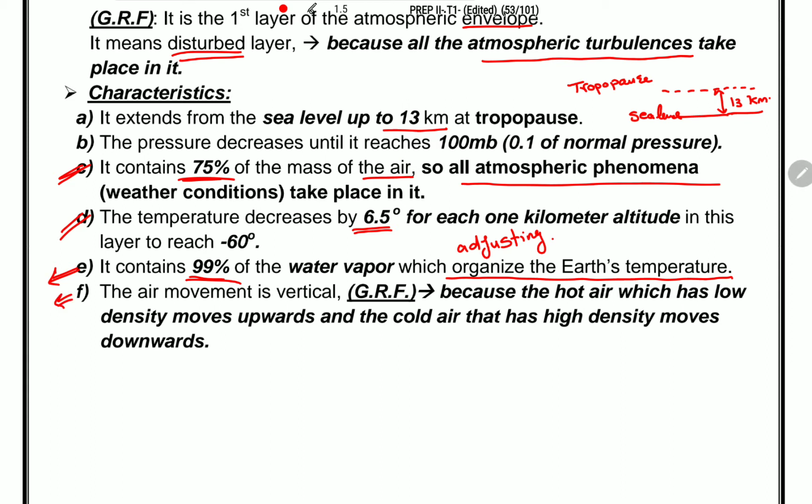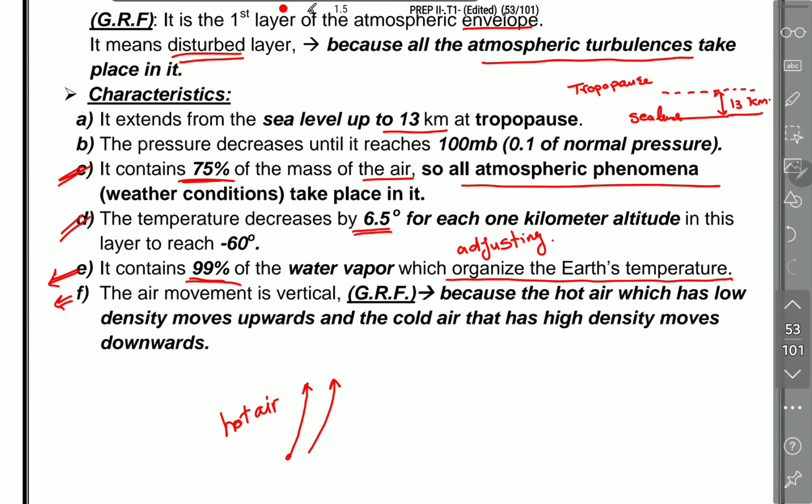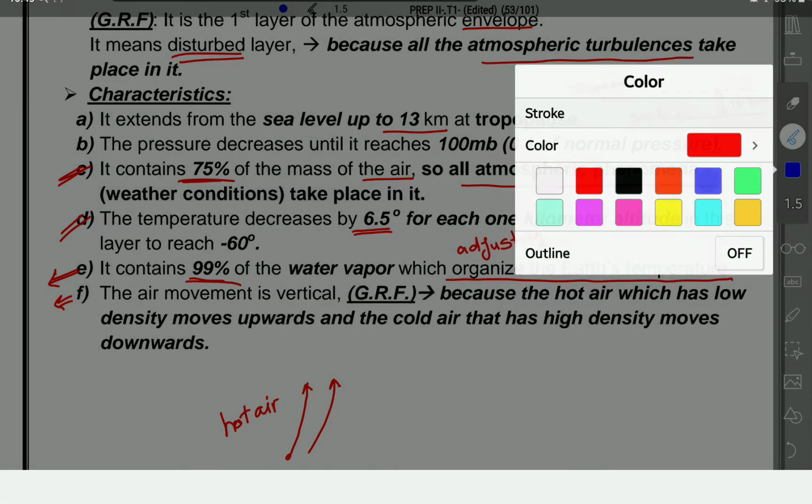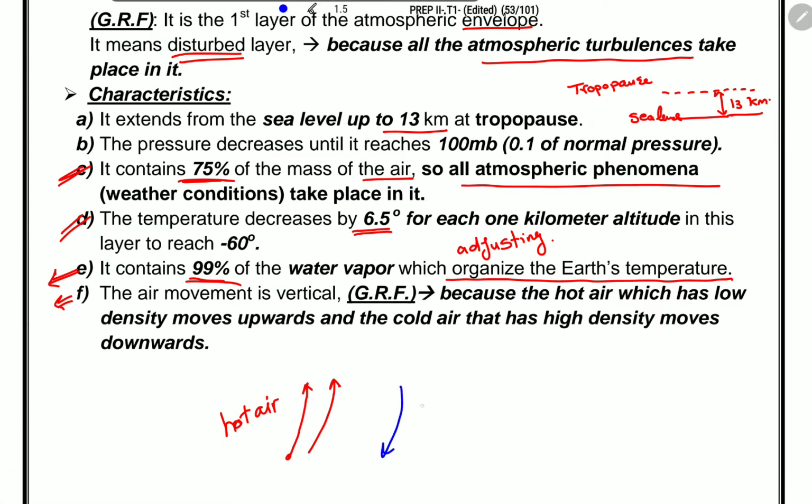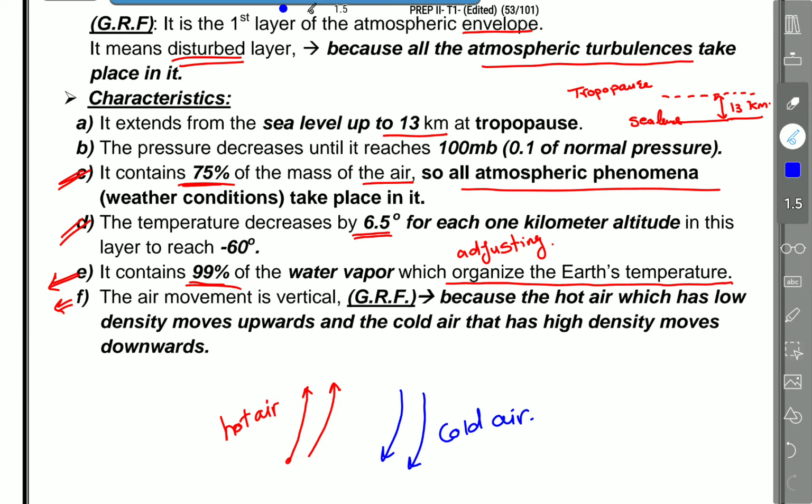The air movement in this layer is vertical, which means the hot air moves up because it has low density, while the cold air falls down because it has high density. That's why the movement of air is vertical.